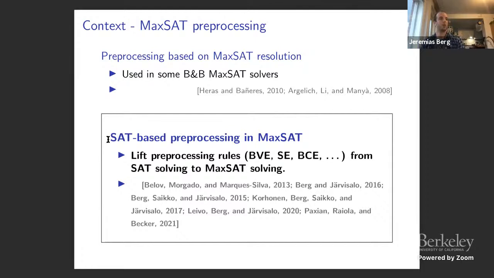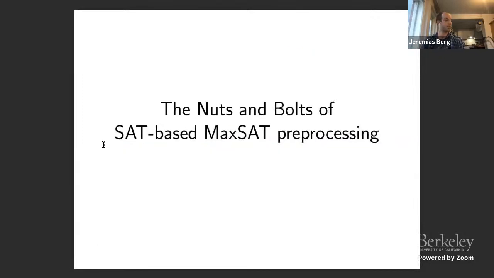And then the thing I worked on during my PhD and what I'll be talking about here is what I call SAT-based preprocessing in MaxSAT. Here we want to lift these nice and effective preprocessing rules from SAT to MaxSAT. In the first part, I'll be talking about why that is hard and what you can do to make it easier. Are there any questions at this point?